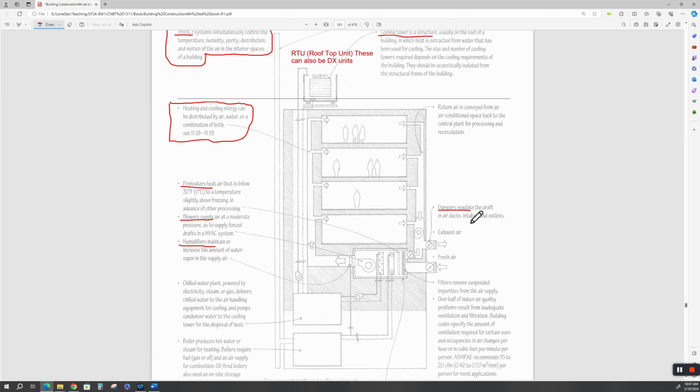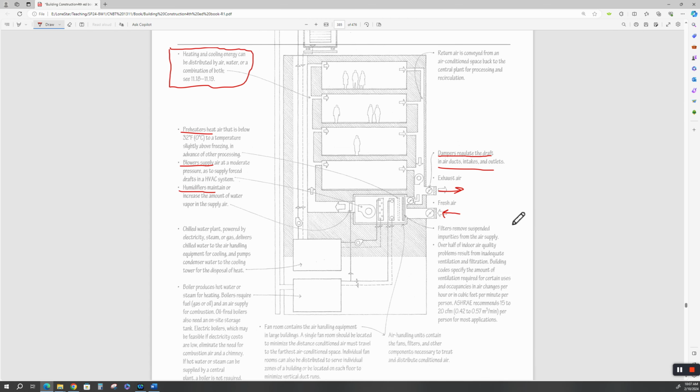Here's a damper to regulate the draft in air ducts, intakes, and outlets. Exhaust air, and we're bringing fresh air in. This is makeup air, because after a while, the air in here is going to get stale. And this is your supply, and this is your exhaust coming down to a main ductwork, and it's recycled.